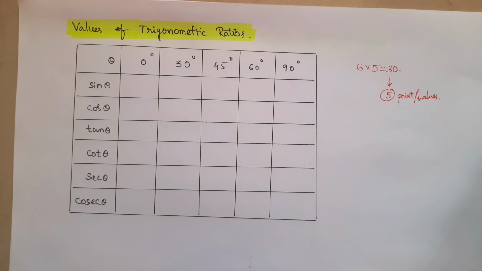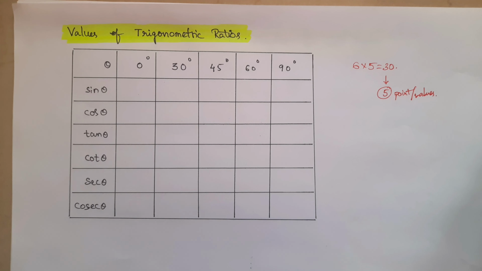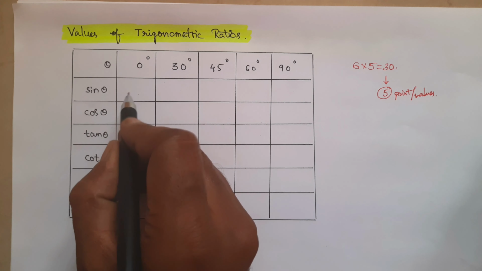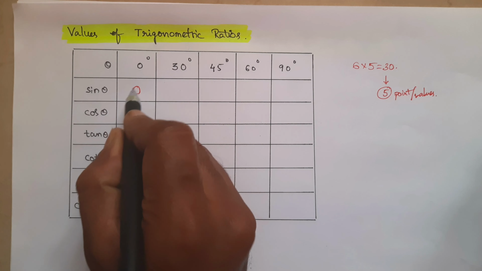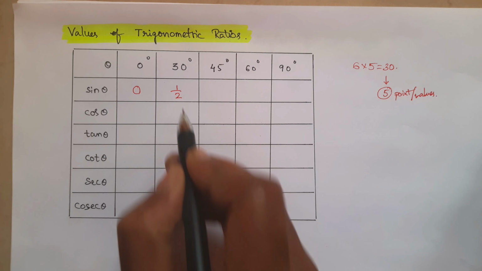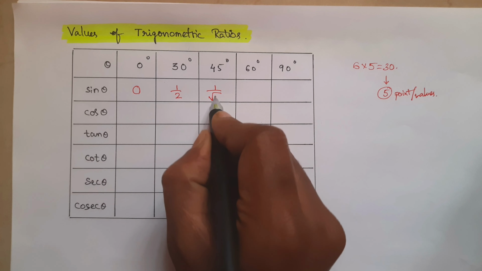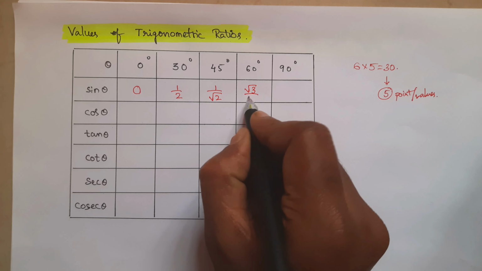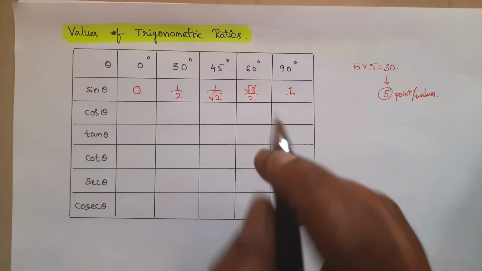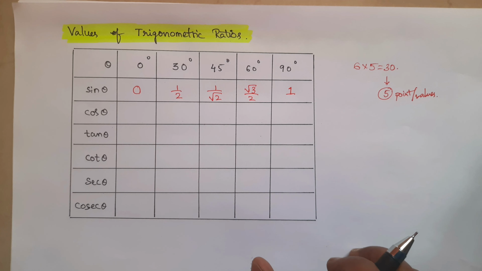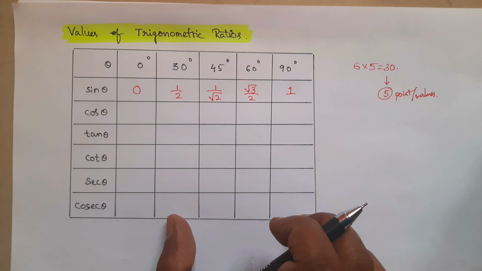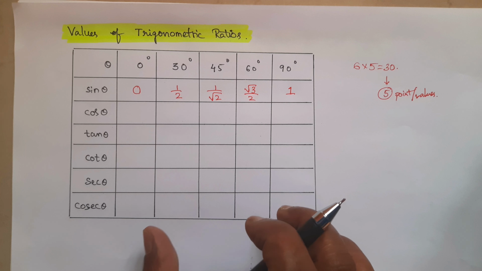See how I will tell. First you have to remember the sine values. Sine 0 degrees is 0, next is 1 by 2, next is 1 by root 2, then root 3 by 2, and this is 1. These are the values which will help you find the remaining values.